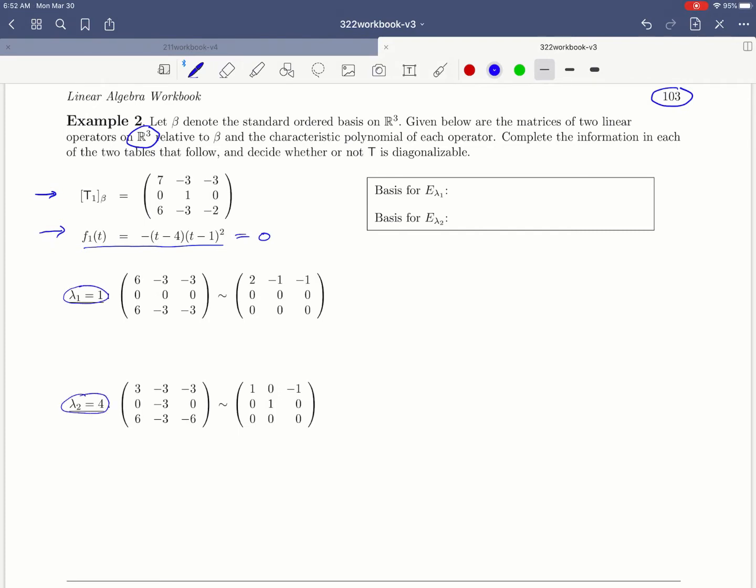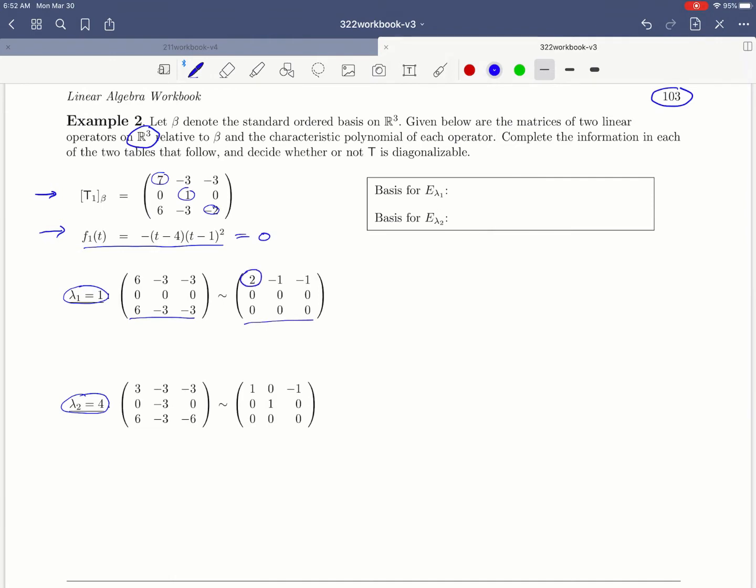They've even taken the calculations one step further by forming the matrix A minus lambda I. That's what you would get if you subtracted 1 from all three main diagonal elements. We'd set that equal to 0 and do row operations, and here's our reduced matrix.